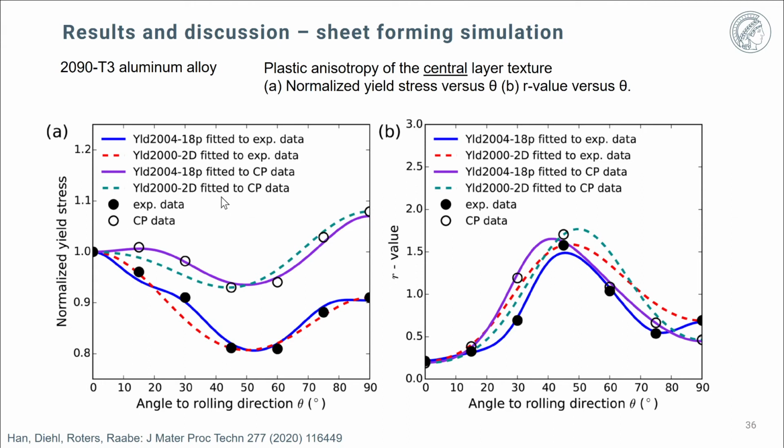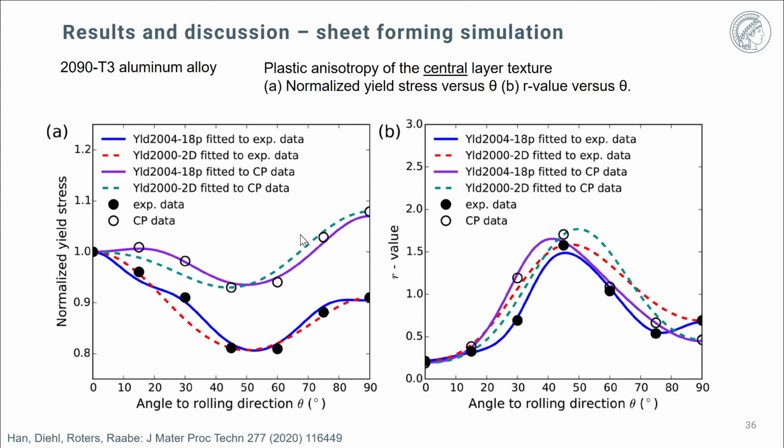Now here are some of the results. We have here picked two different yield functions that you see here, the 2004-18p and the 2002d, fitted either to experimental or to crystal plasticity data. What is important to realize, both for the normalized yield stress and also for the R values, the Lankford values, is that we considered here only the central layer texture of the sheet.